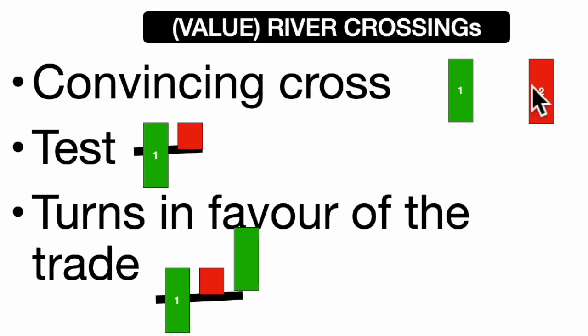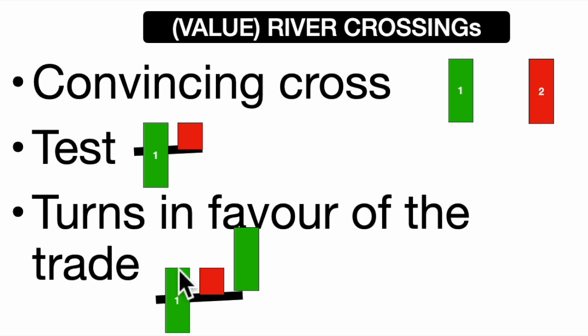So once the price has crossed over in a convincing way with a full-bodied candlestick, then you need a test. In this case, price goes up through the river or past the EMAs, and then it comes down to test it. Is it going to act as support, or is it just going to come straight back down through it? And then what you're looking for is price to turn in favor of the trade.